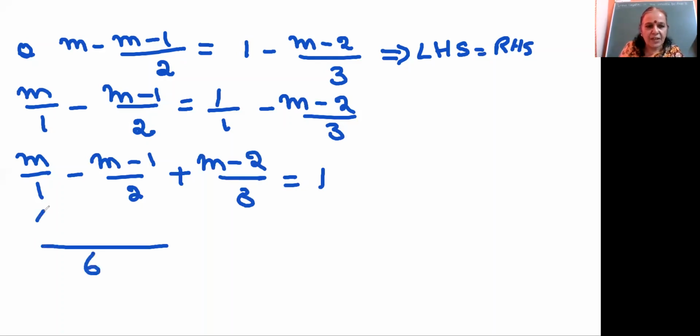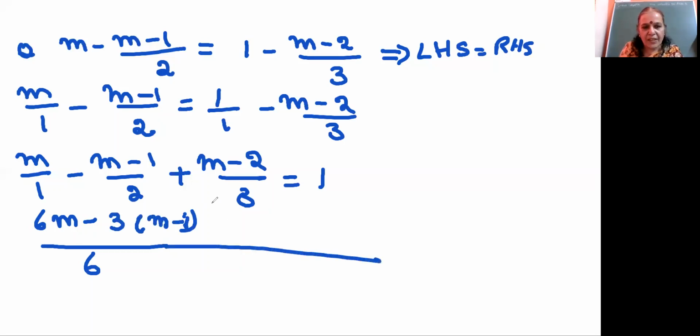1 6s are 6m, and 2 3s are 3 into (m minus 1), plus 3 2s are 2 into (m minus 2) is equal to 1.